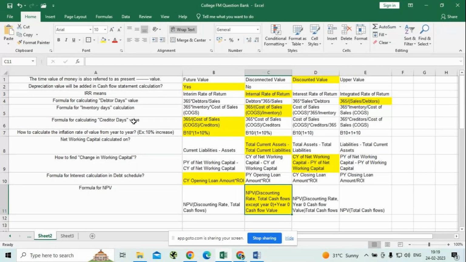Okay. The next thing is, what is the formula to calculate the interest in the debt schedule when we are preparing the debt schedule? There is one more question. What is the function we use to calculate the EMI or EAI?